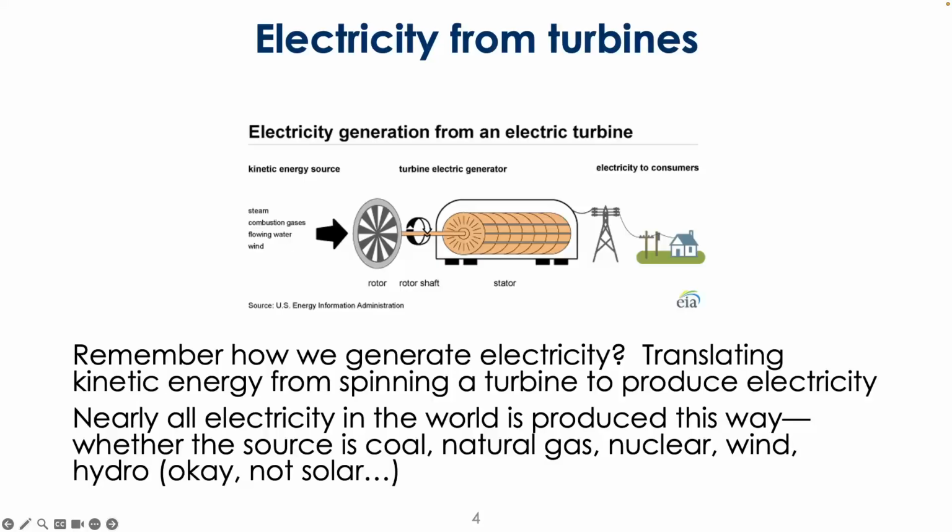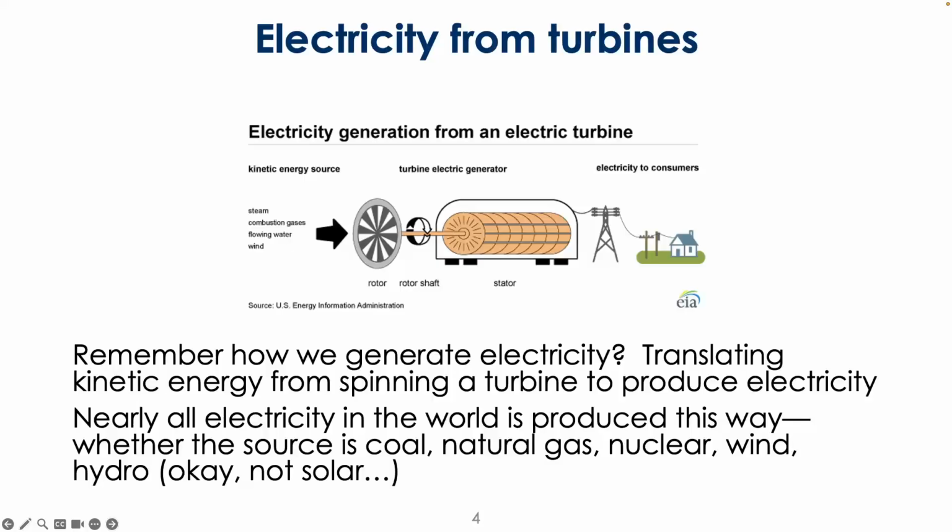As long as you can get something to spin, you can essentially produce electricity. Nearly all electricity in the world is produced this way, whether you're talking about coal, natural gas, nuclear, wind, or hydro; all of that is basically spinning a turbine. The only exception to that is solar.